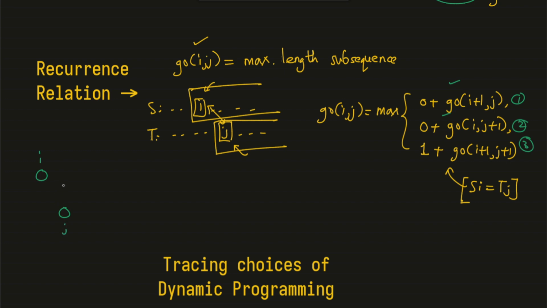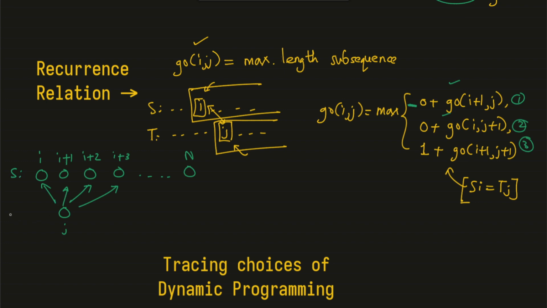If we follow this choice first, then we would have gone to I plus 1, again I plus 2, then I plus 3, and so on. We would have ended up at the nth position. We would have tried matching I and j, then I plus 1 with j, I plus 2 with j, and so on up to all the elements in string S.